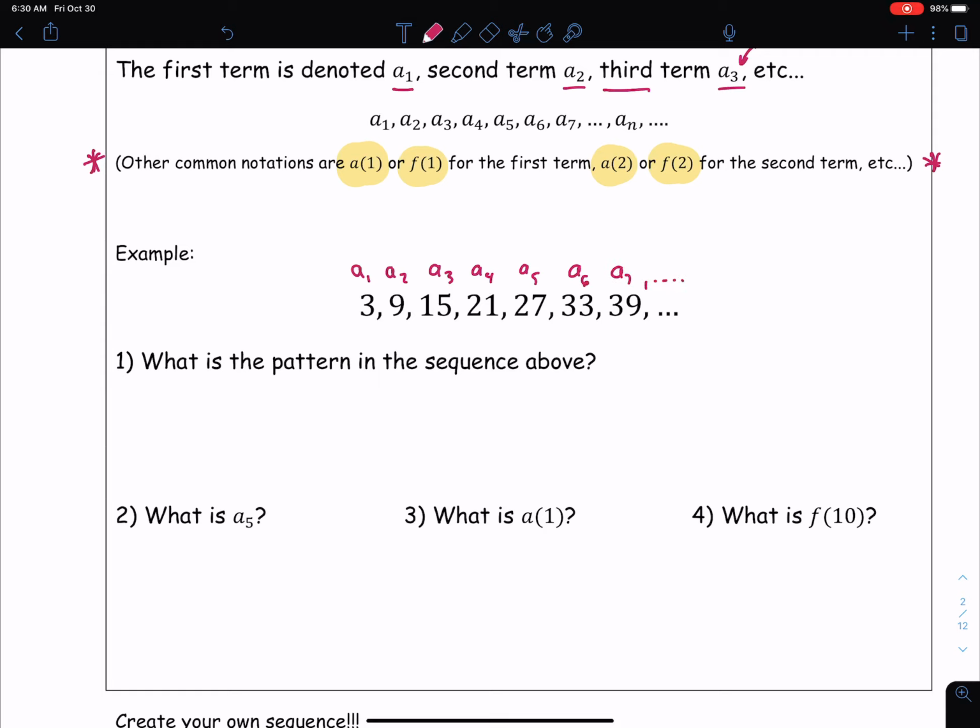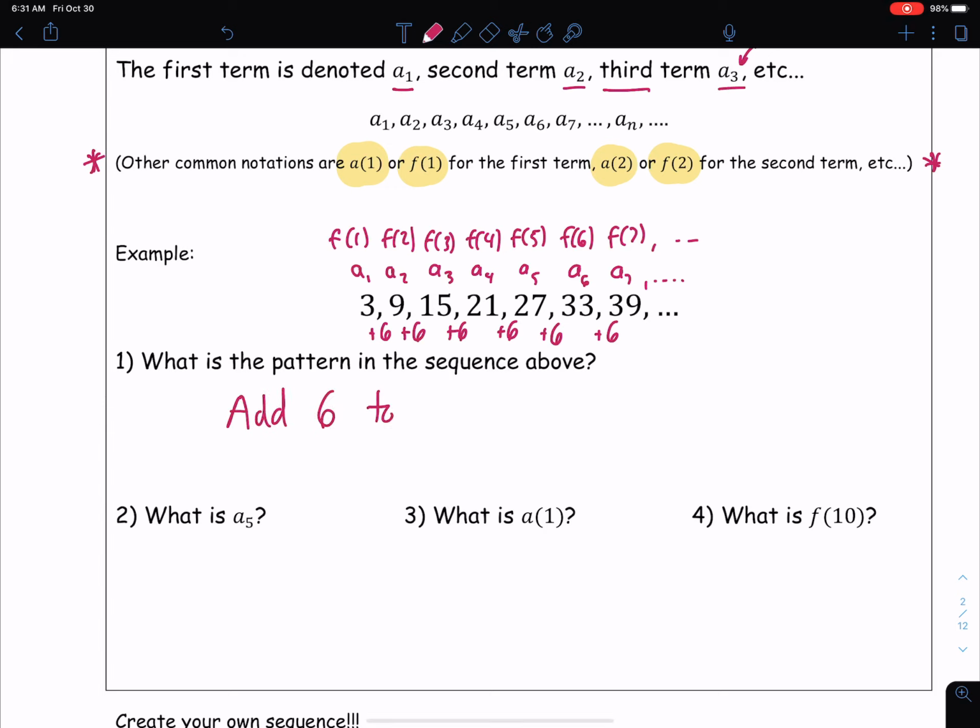You could also label it as F1, F2, F of 3, F of 4, F of 5, F of 6, F of 7, and so on. So what is the pattern of the sequence above? Well, it looks like, check with every single one, but yeah, we're adding 6 to the previous term. So we add 6 to the previous term.